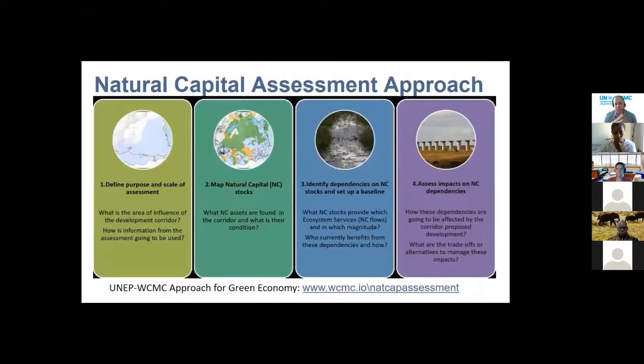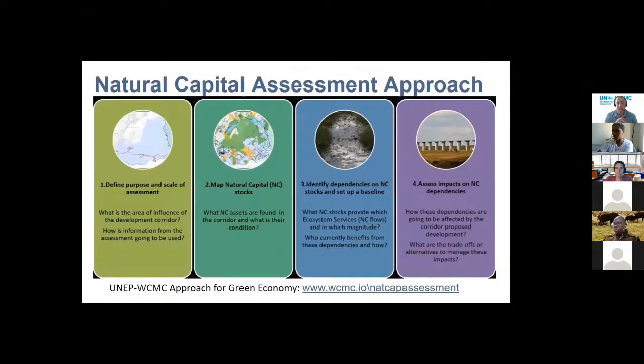But the approach we're going to look at today is an abridged four-step approach. Defining the purpose and scale of the assessment is step one. Then in step two, we'll look at how we could map out natural capital stocks. And then in step three, identify dependencies on these stocks. So really, what are the ecosystem service flows that are benefiting people?